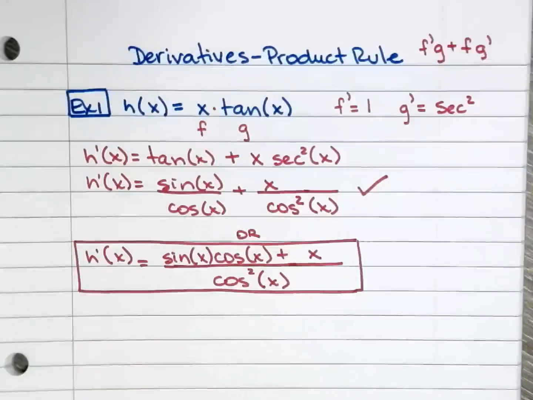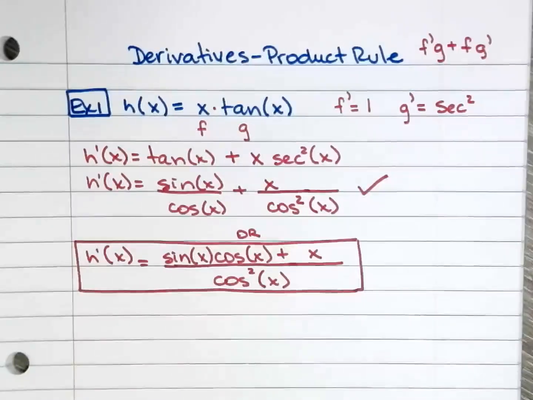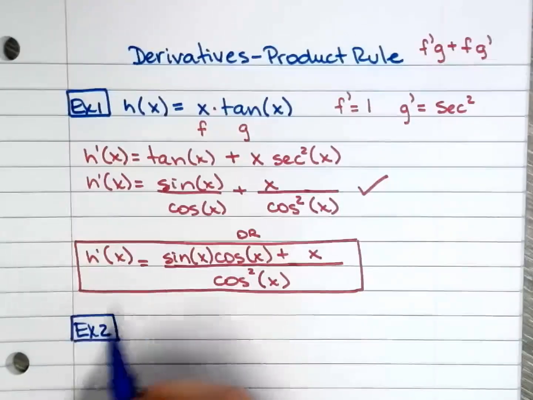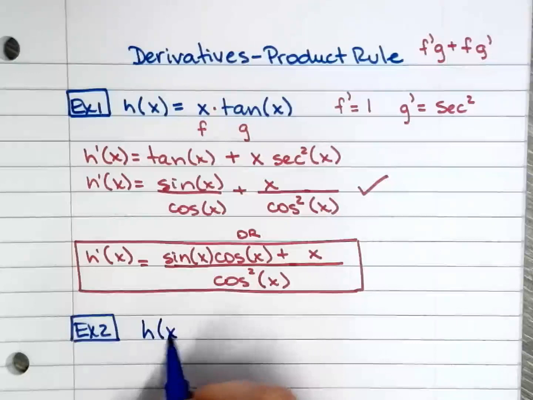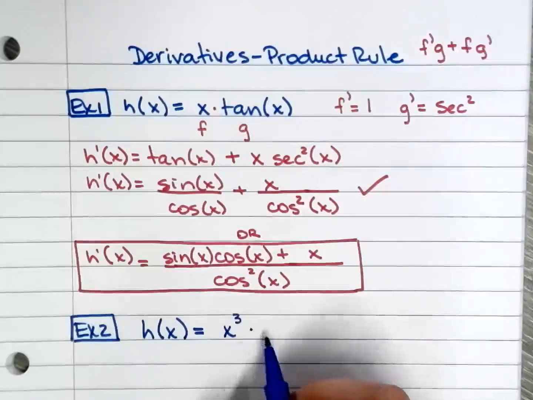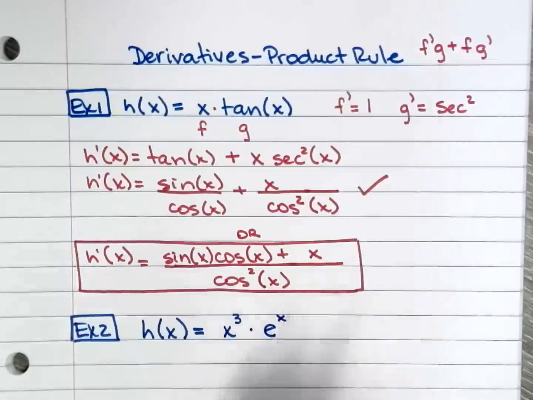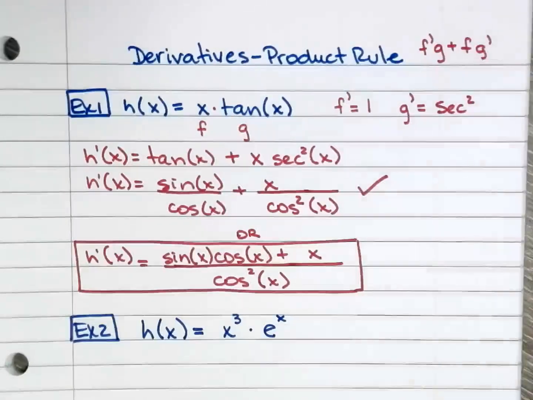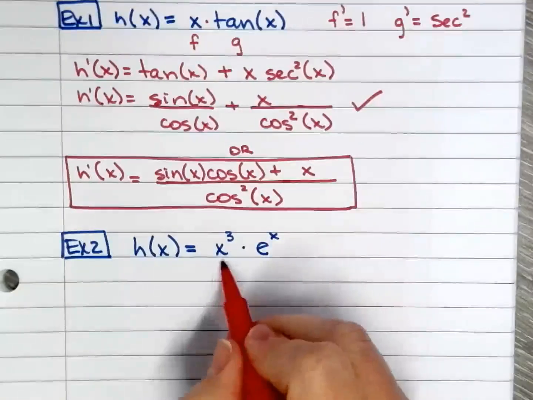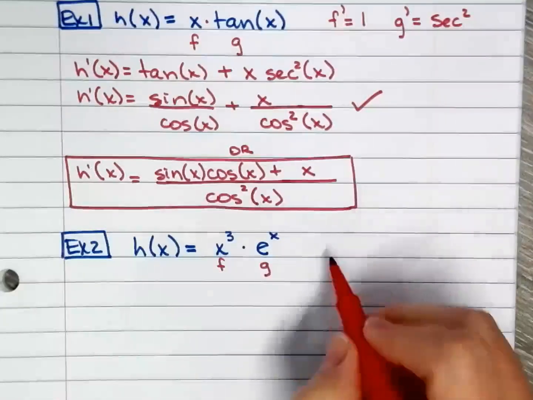Another one. Let's go with h of x, so x cubed times e to the power of x. Let's say that this is f and this is g.